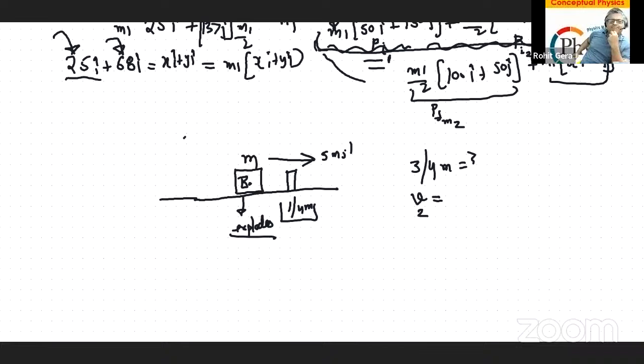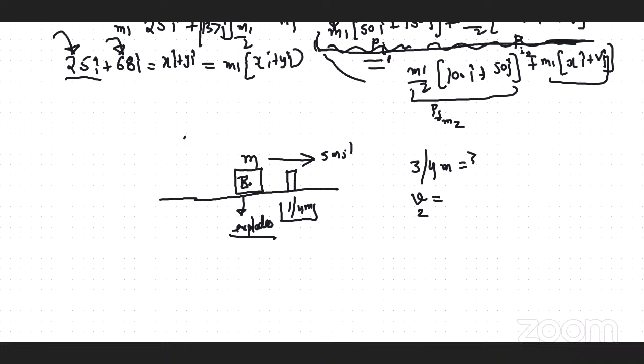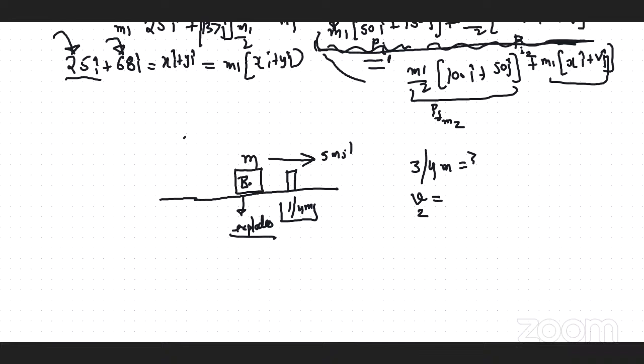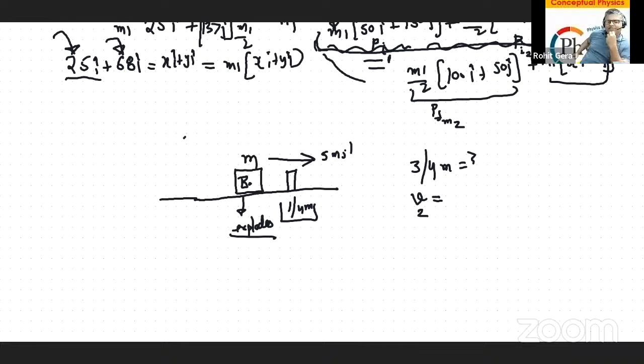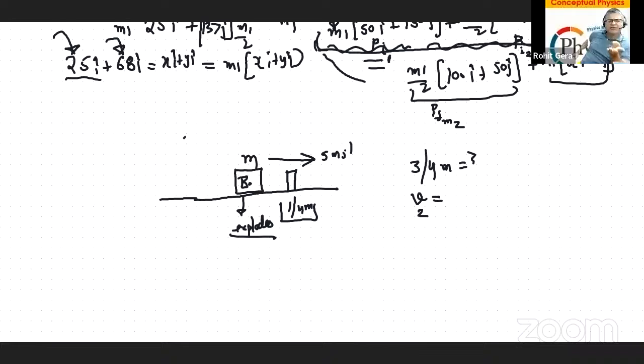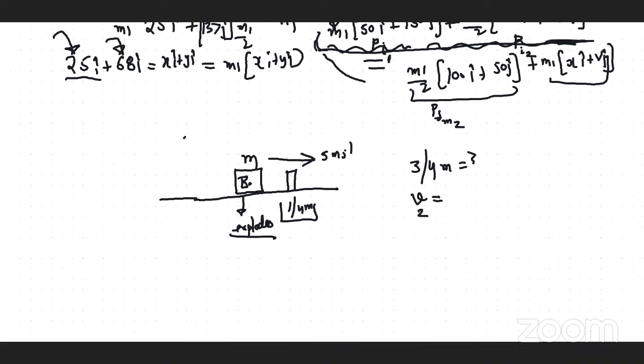So basically we have to find the momentum of the bomb. But we don't know the velocity of the bomb. It is stationary. I told you it's lying there. It's at rest. Of course, it is at rest.